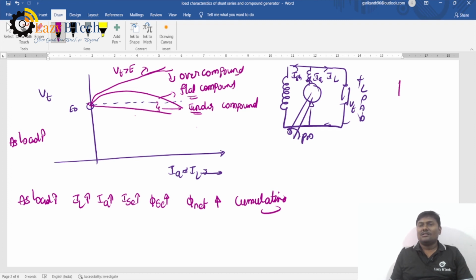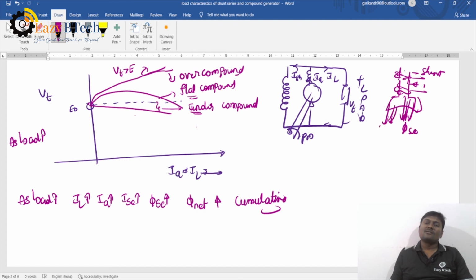How are the poles designed? This is the series field winding, and this is the shunt field winding. If current flows through the series field winding, it produces more flux. If current flows through the shunt field winding, the shunt flux is almost constant. So if the compounding level is more, then the series field flux produced is more. If the compounding level is less, then the series field flux is also less.